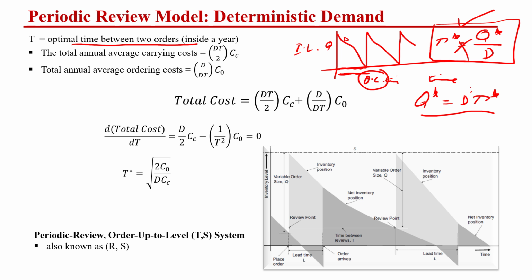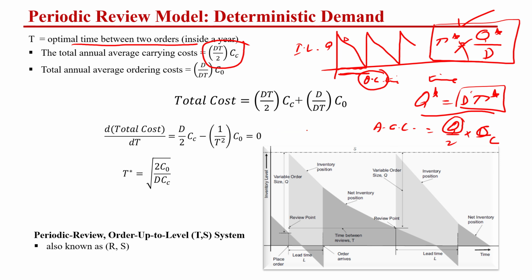From the basic EOQ model, we already know that the average carrying cost would be equal to the average quantity multiplied by the carrying cost per unit. If we put the Q star value, which is equal to DT, we would be able to get the total average carrying cost.